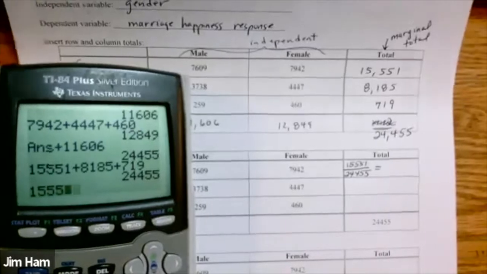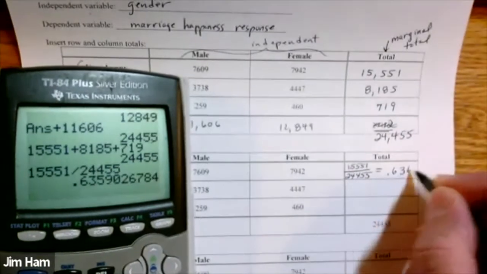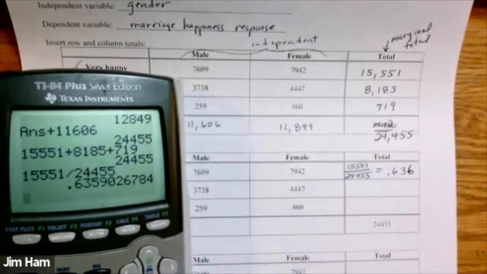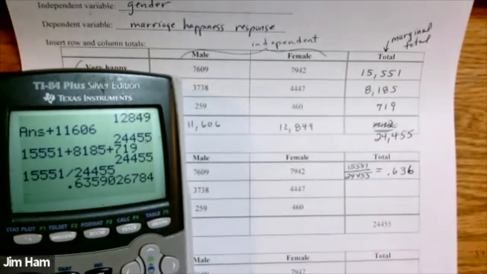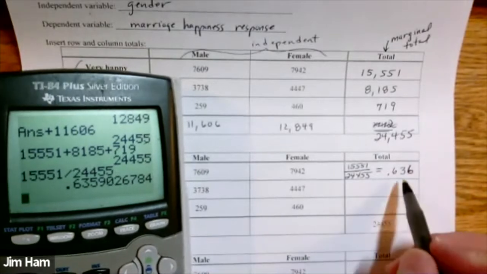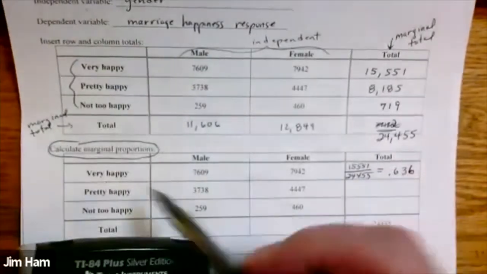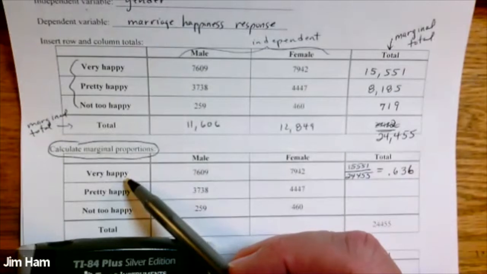I'm just going to round it to 3 decimal places. So you can say that about 63 percent of all respondents would say very happy in their marriage.